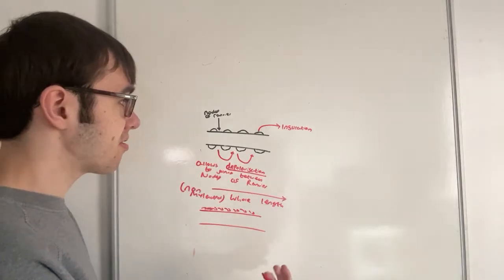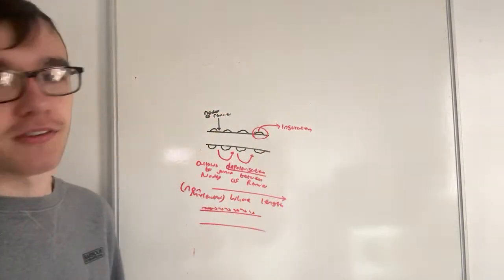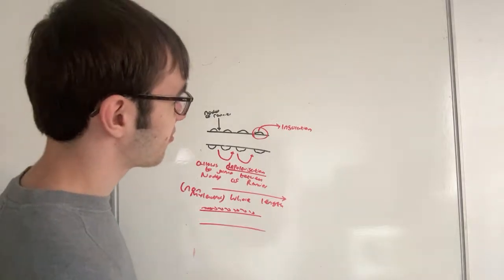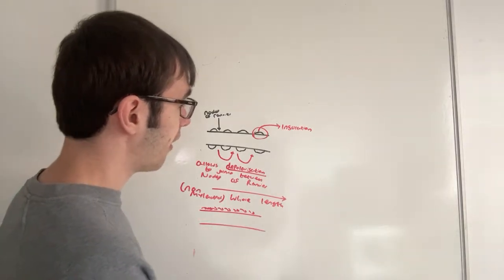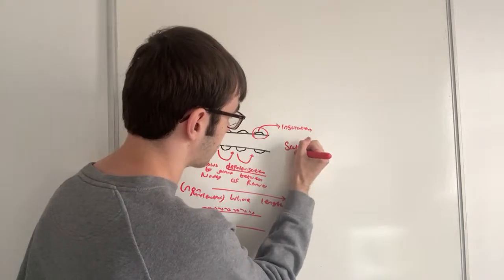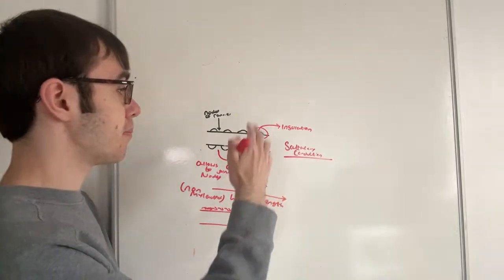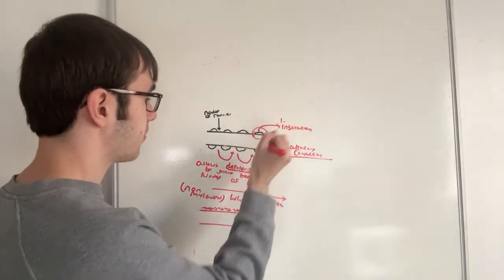So, what you would say is myelination provides insulation. That is a fun word to say. Myelination provides insulation. That is also called saltatory conduction. But, yeah, myelination provides insulation.